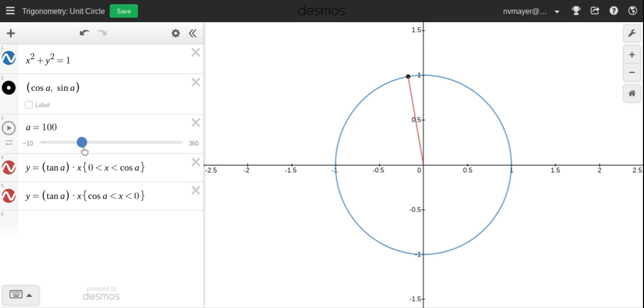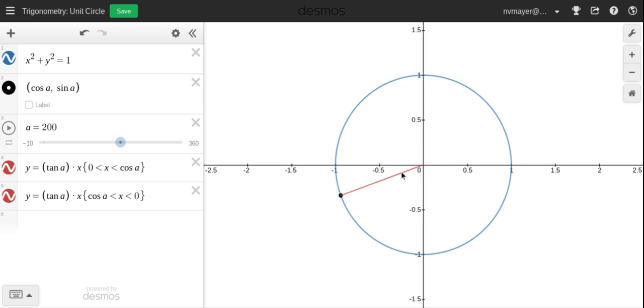Okay, let's move on to the next quadrant. Once I cross 180 degrees, I find myself in the third quadrant. Let's take 200 degrees. Let me remind you that by principal angle, we mean all the space between the initial arm and the terminal arm.